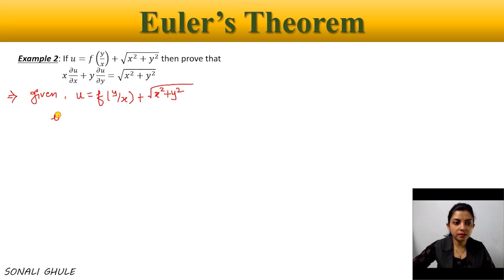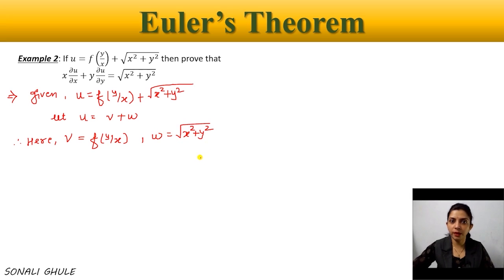So let's write it. u is equal to, in the form v plus w. So therefore here we can consider v is f of y upon x and w is root x square plus y square.